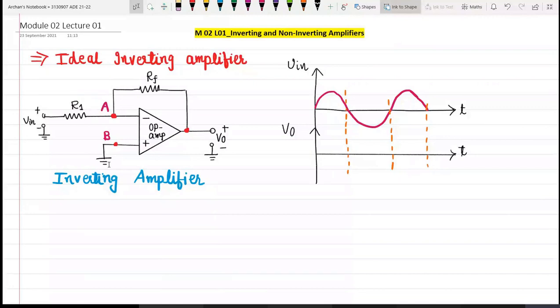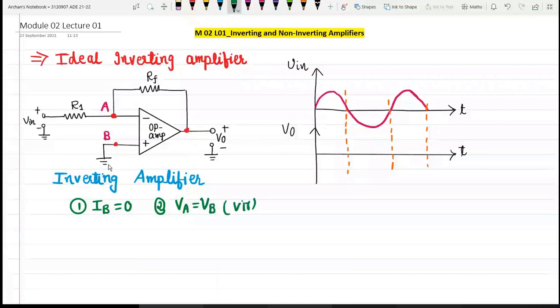Assumption number one: the input current to the amplifier is equal to 0. The second assumption is the concept of virtual ground, which says that whatever potential is available at terminal B, the same potential will be available at terminal A.